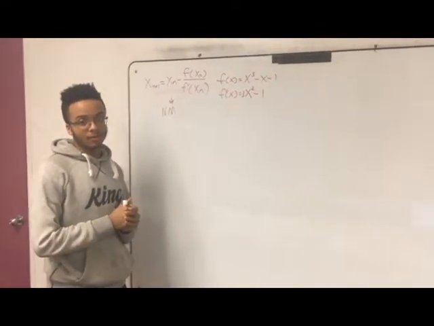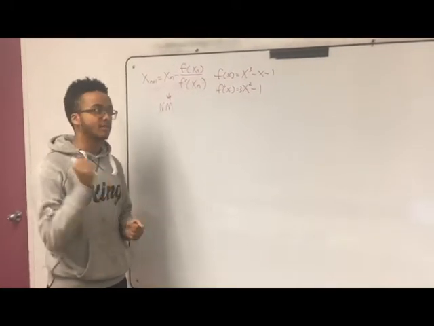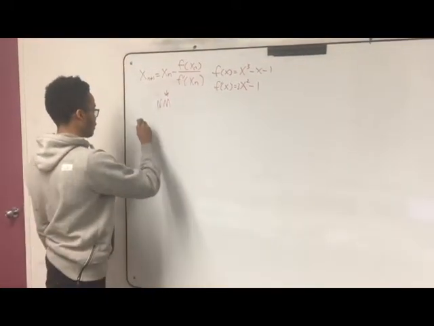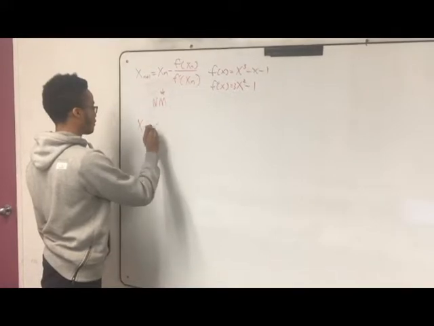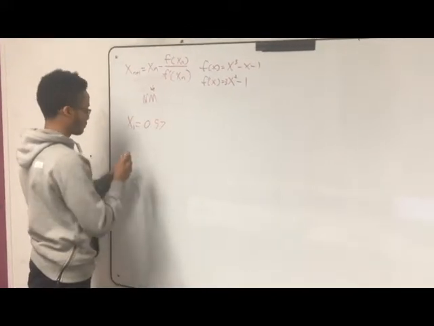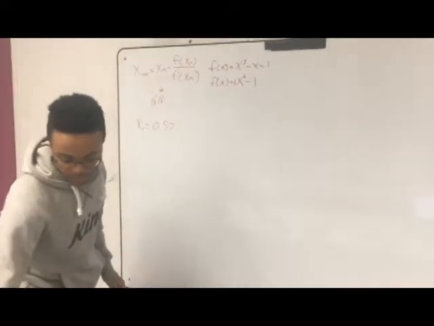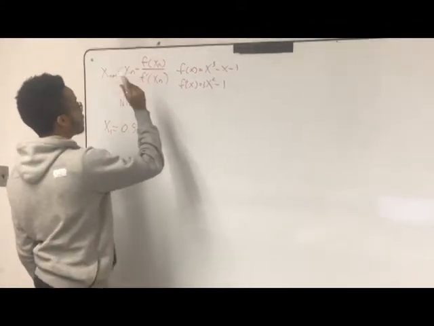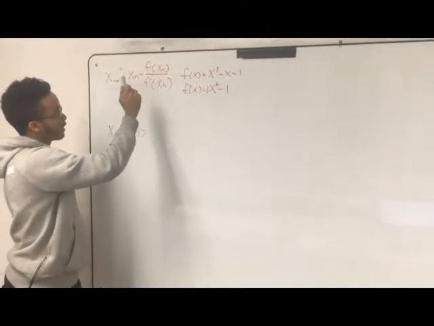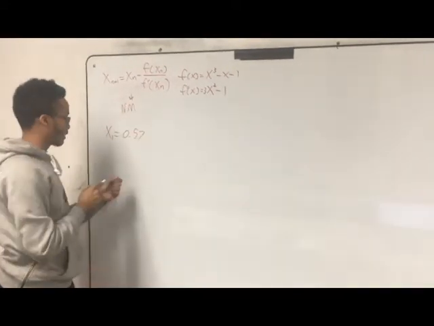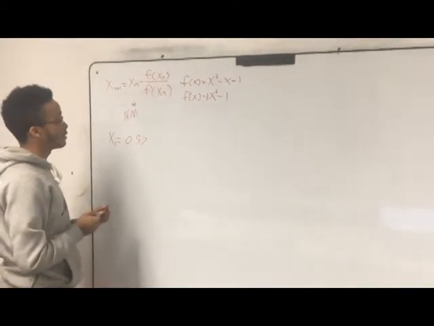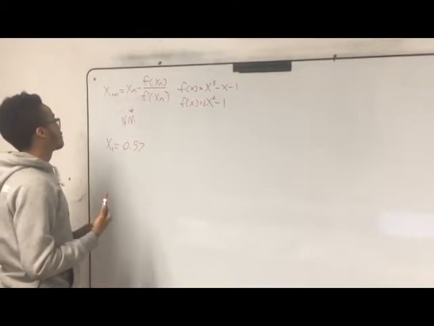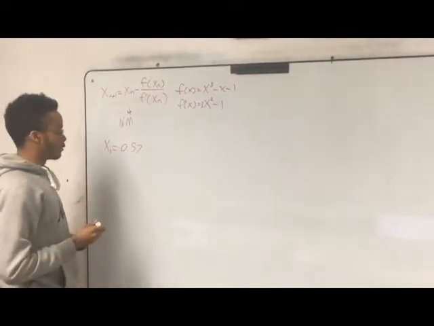Alright, this is part 2c, we now calculate our Newton's method when our root is now 0.57. Now, just as the previous parts, we plug it into our f of xn and f prime of xn, so that we can plug it back into our Newton's method and find our x n plus 1.